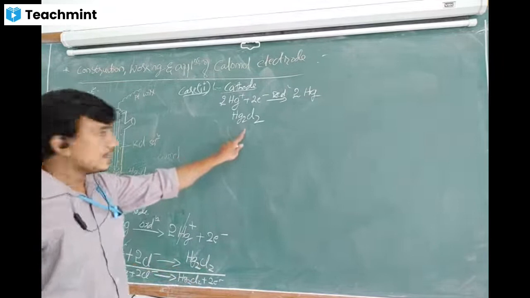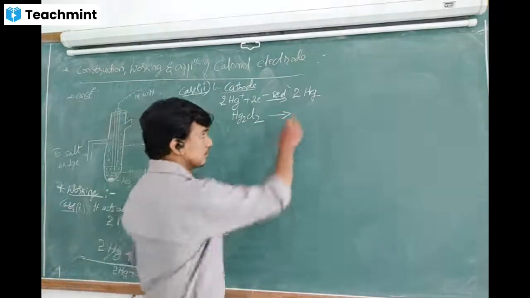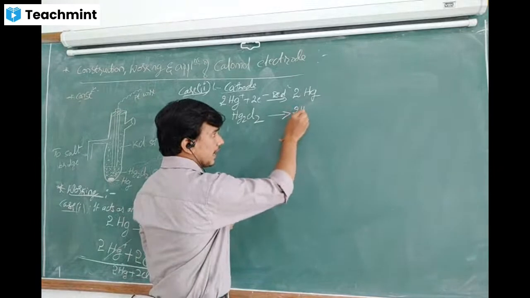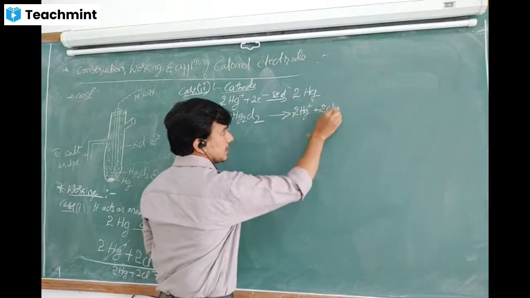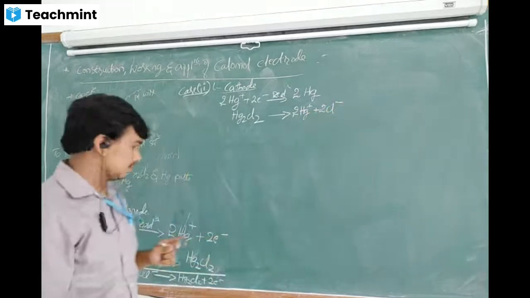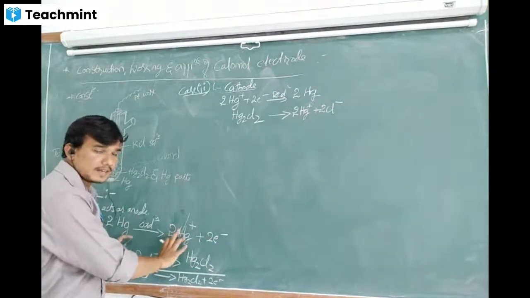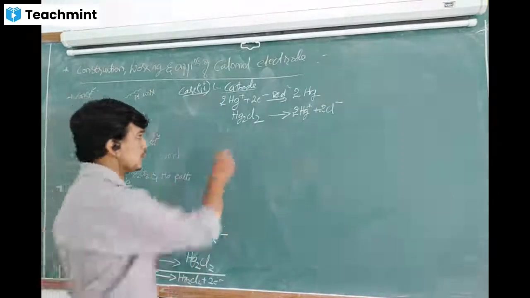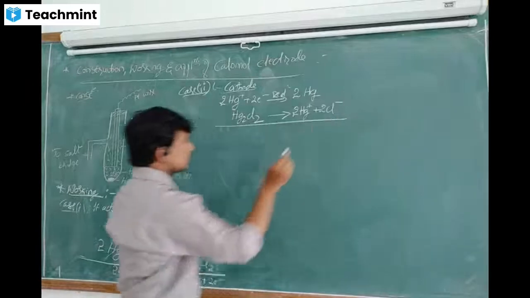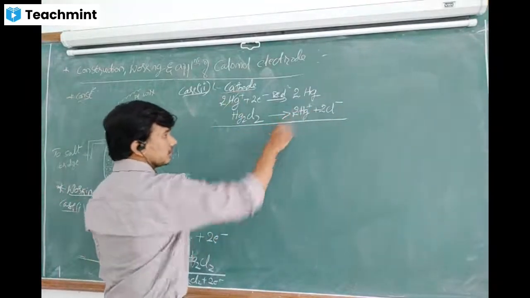In the reduction reaction it is going to dissociate, which gives us 2Hg plus 2Cl minus. If you remember one reaction, you reverse it, you will get the cathodic reaction. In the same way, you tell me the net cell reaction.